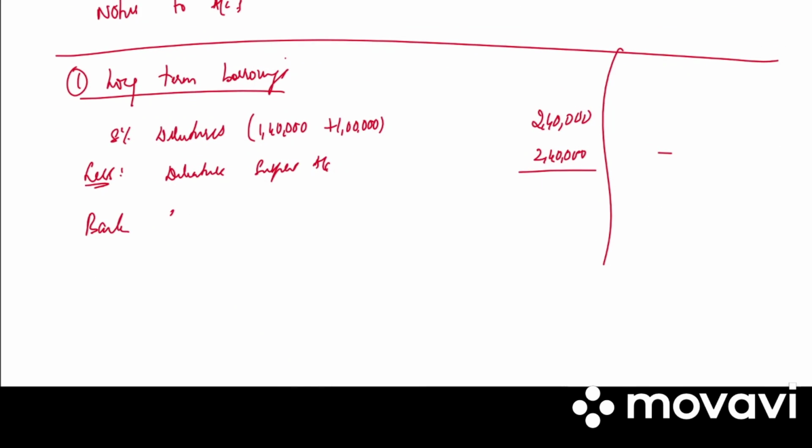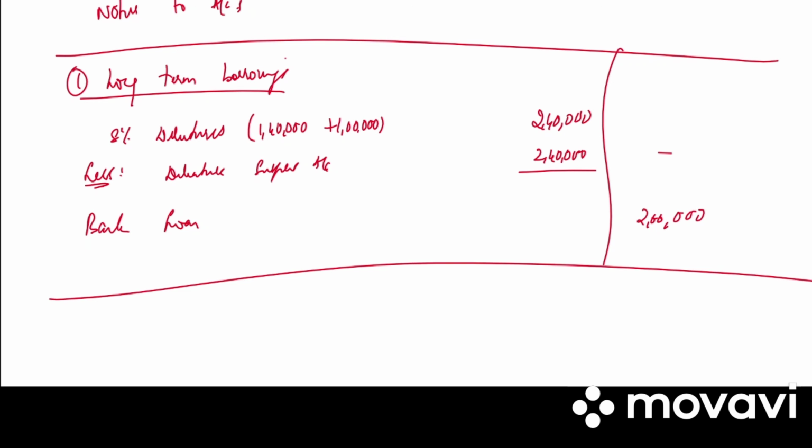Then we have bank loan in bracket on primary security worth rupees 2 lakh and collateral security of debentures of rupees 2,40,000. How much is it? 2 lakh rupees.